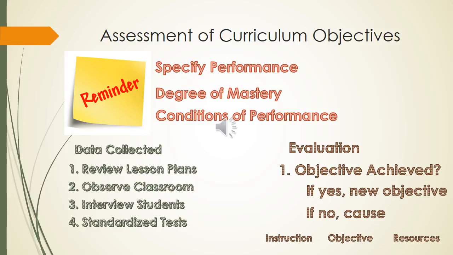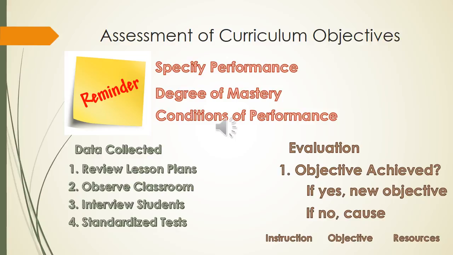It has to be at a certain level of achievement. Finally, does the objective outline the situation or conditions under which the performance has to be made, so that we can be able to see these three aspects of the objective are there.